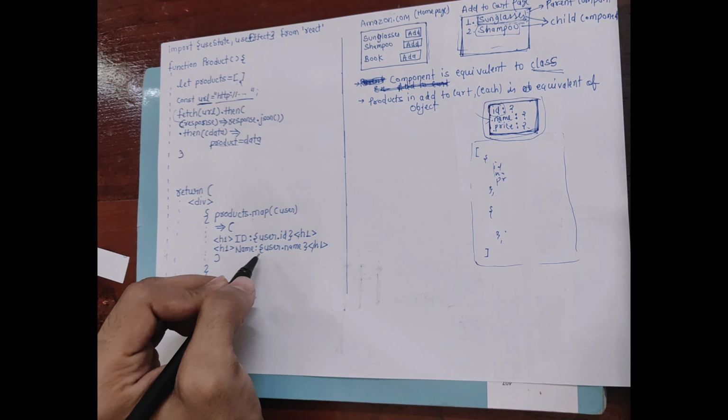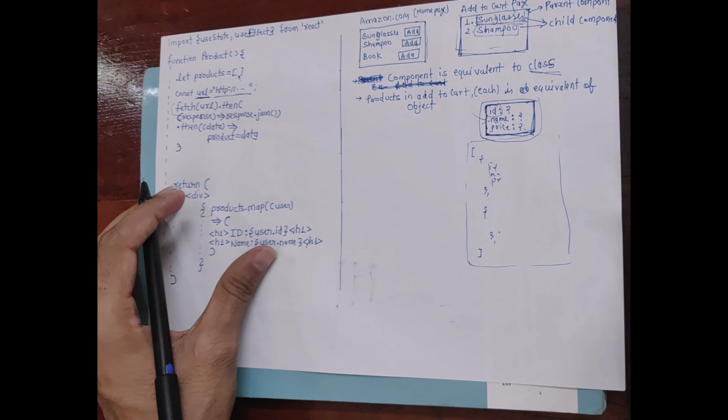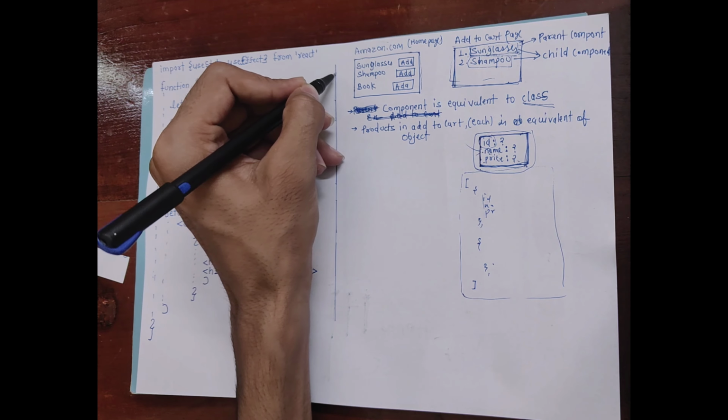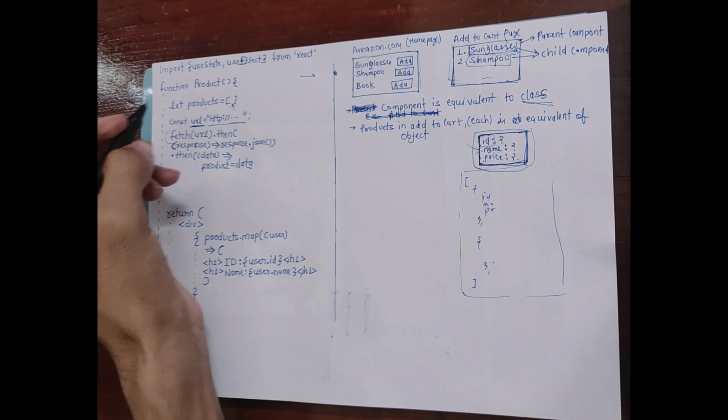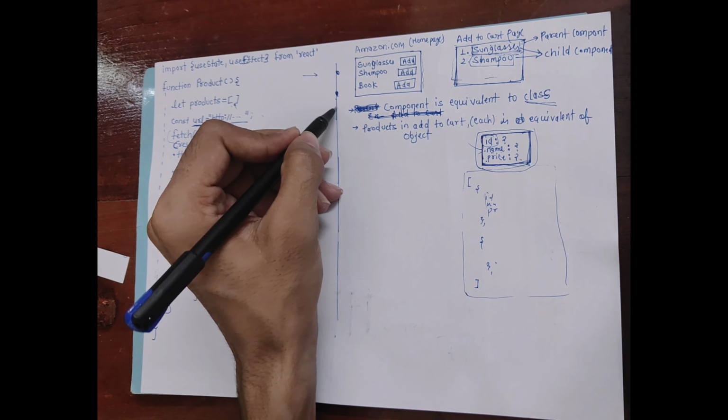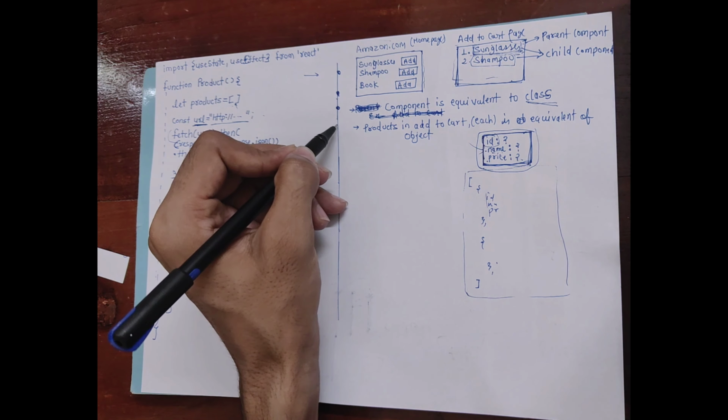So you are using a map and printing its id and name. Let's say you started at this point, then you came to this point, then this point, and then this point, right?